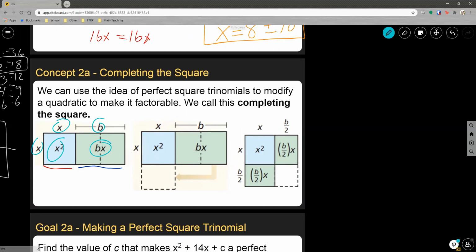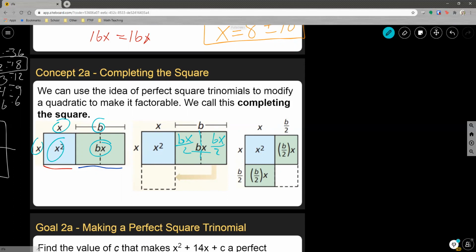Well, it's a long rectangle, but what I can do is take this bx here and split it down the middle. So each side is half of bx, or rather, b times x divided by 2.